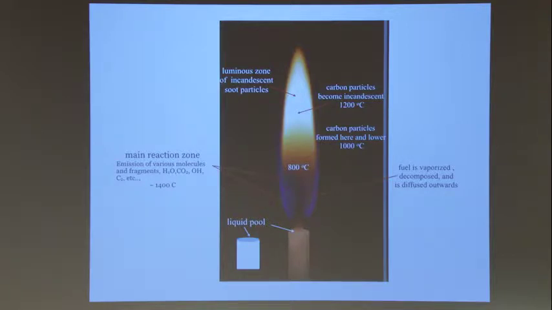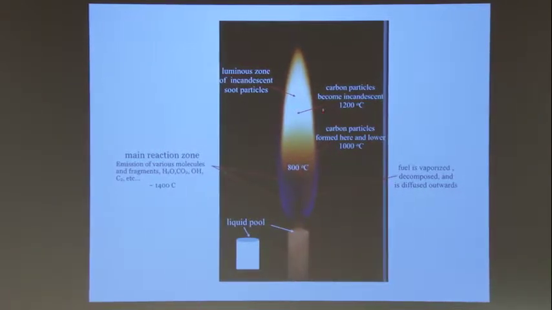Once ignited, if conditions in the room where the flame is burning are calm enough, without too much wind and so on, you will obtain a very steady flame. The flame looks, as you see here, with this blue region, which is the main reaction zone. It's elongated clearly because of the entrained air and natural convection.